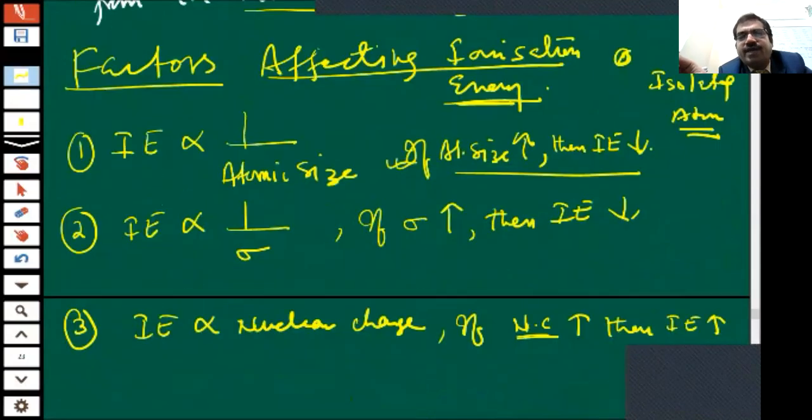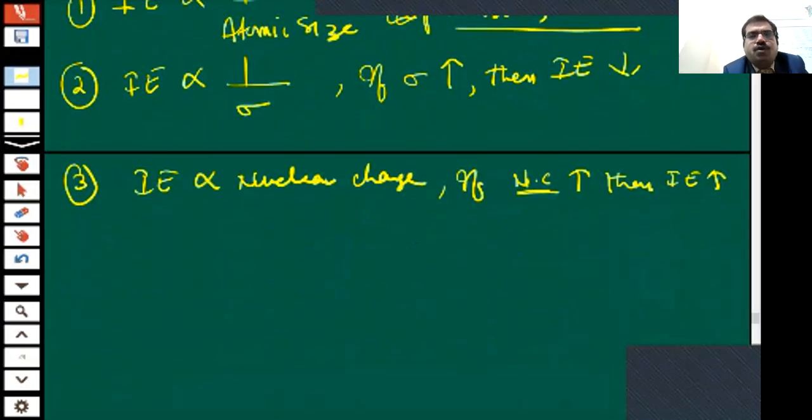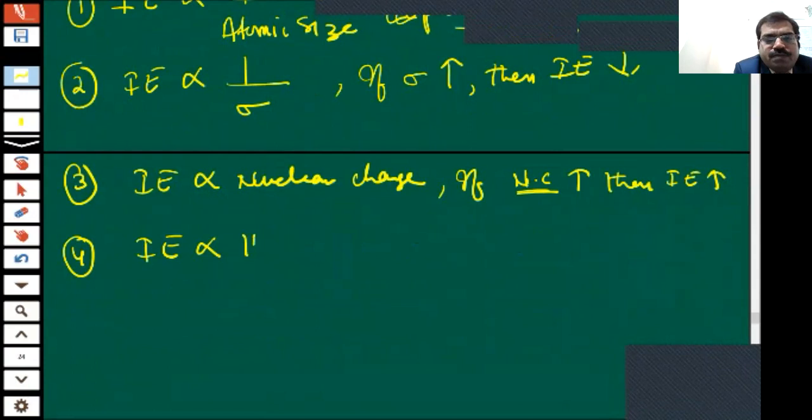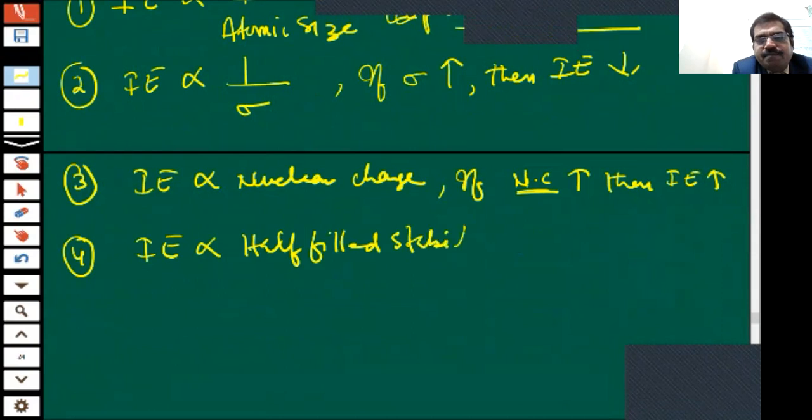So these are some factors. These are very useful. Go through each and every factor. Every factor is very important. And next, ionization energy is directly proportional to half filled stability or full filled stability.